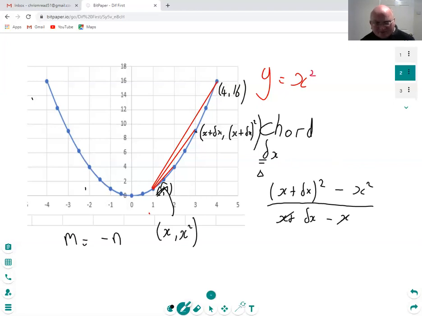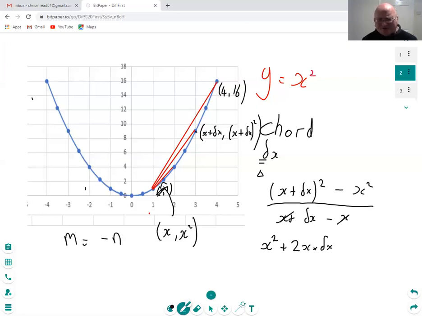Now I'm hoping I've left myself enough space here. I'm just multiplying this out now. That's x squared plus 2 times x times delta x. Some mathematicians just do a full stop there for multiply, but I'm just going to write the multiplication to make it a bit clearer for those of you who are not used to the full stop meaning multiply.